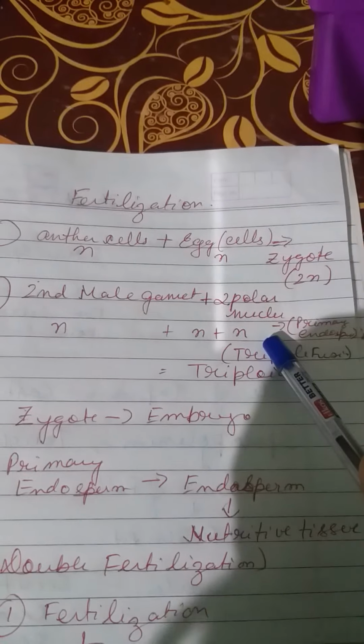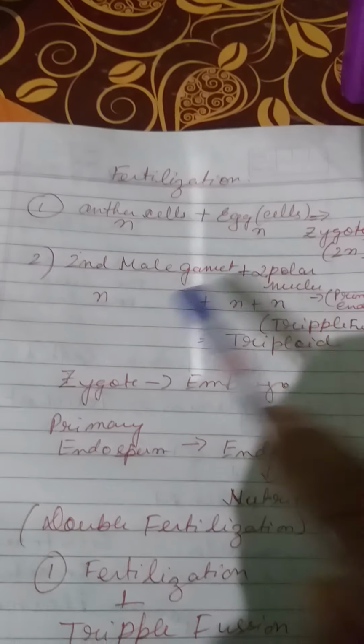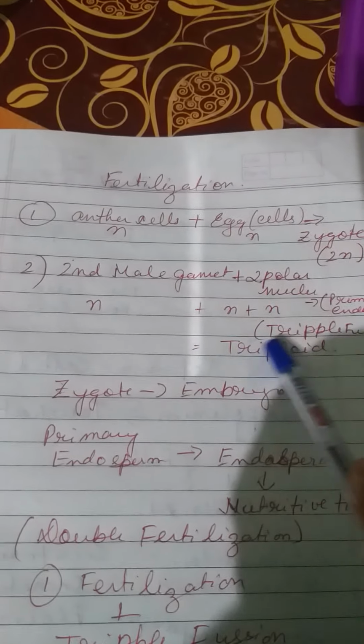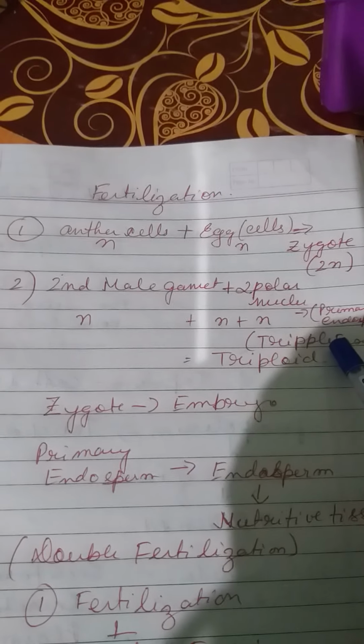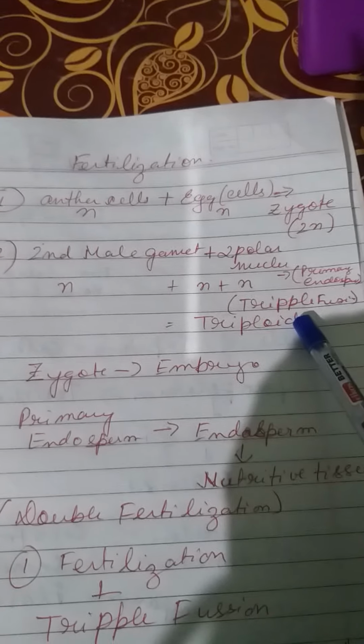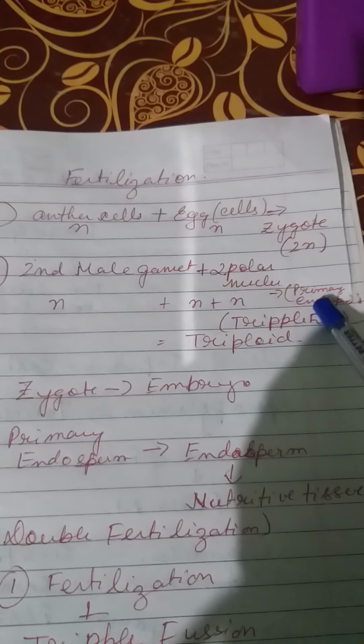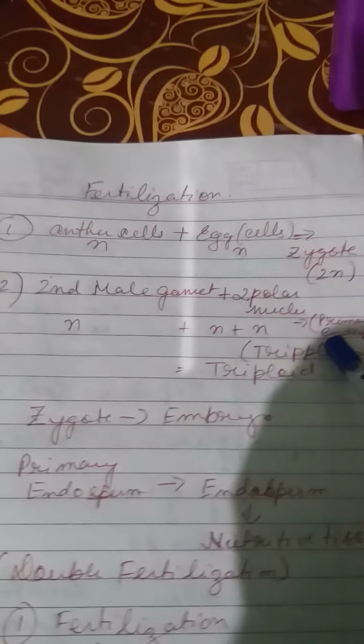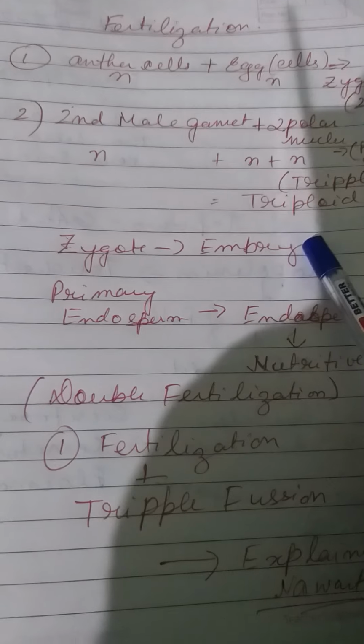So when the male nucleus fuses with these 2, they are also haploid. So here they form a triploid. So this step is known as triple fusion, and basically these 3 nuclei, the triploid, form the primary endosperm.